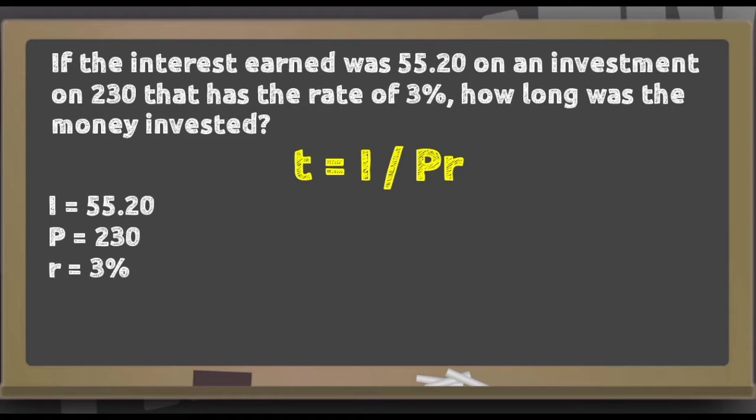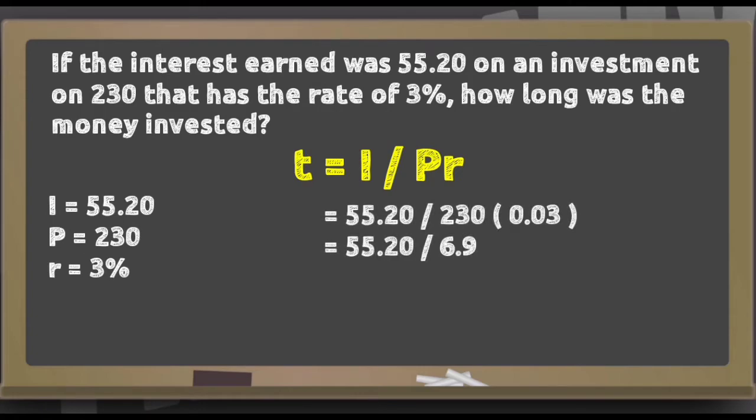Substitute, then calculate first 230 times 0.03, and it equals 6.9. Then divide 55.20 by 6.9, and it equals 8. Don't forget that it is asking for how long, so the unit should be year or years. So the final answer is 8 years.